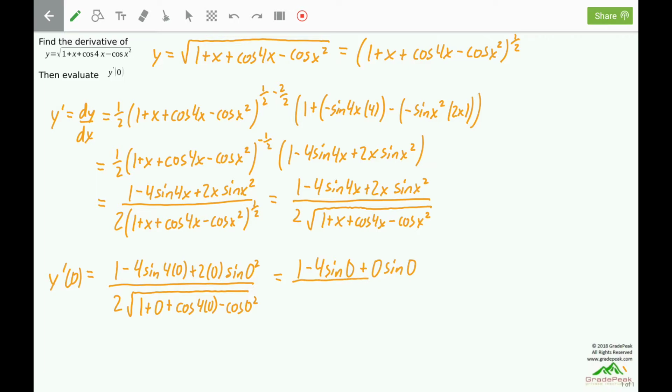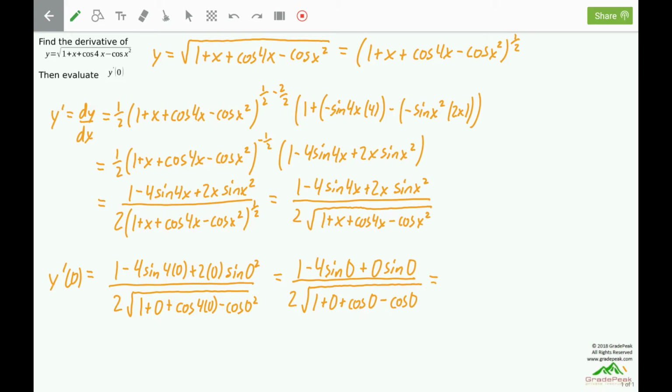All of this over 2 times the square root of 1 plus 0 plus the cosine of 0, since 4 times 0 is 0, and then minus the cosine of 0, since 0 squared is 0.